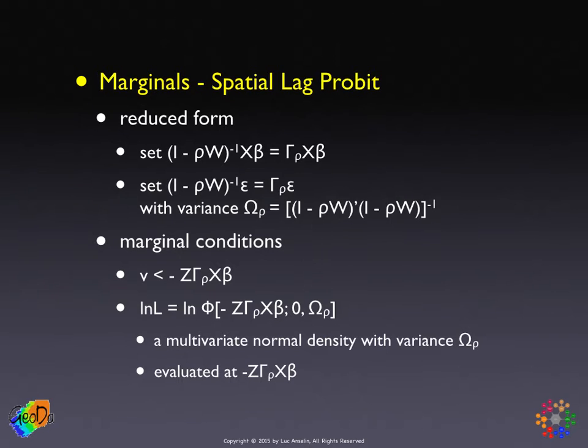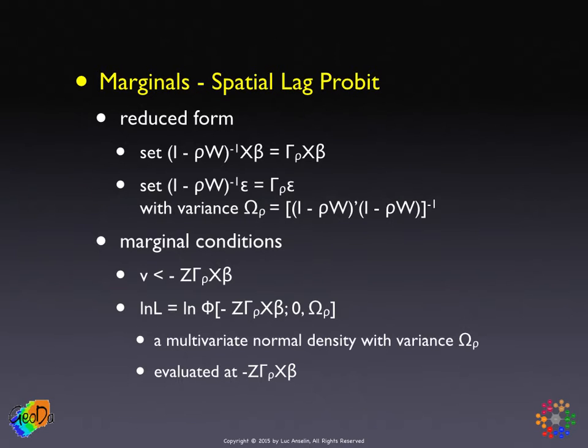So the full log likelihood for the multivariate normal distribution has bounds minus Z gamma rho x beta. The mean is 0 as before, and the variance covariance matrix is the one we have above with the inverse term.